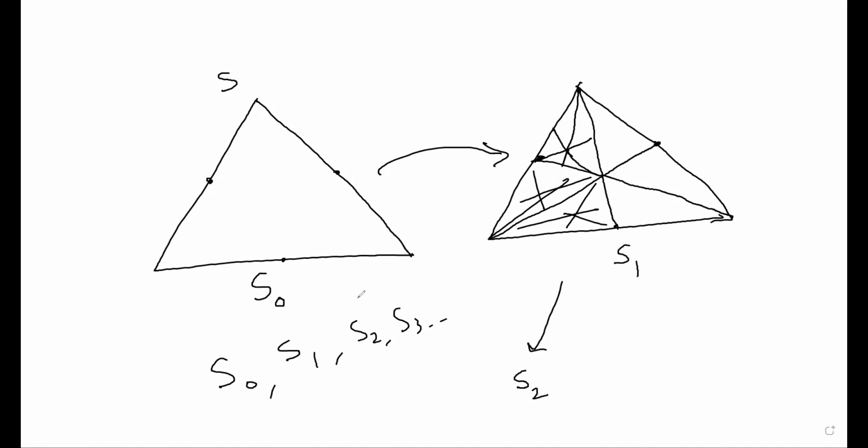As your n increases, your simplicial division gets finer and finer. That is what I mean by barycentric simplicial subdivision. Why is it called barycentric? Because I'm taking the midpoints of the edges and drawing the medians, and what I'm getting is finer and finer simplexes. So that is what I will use for the proof.